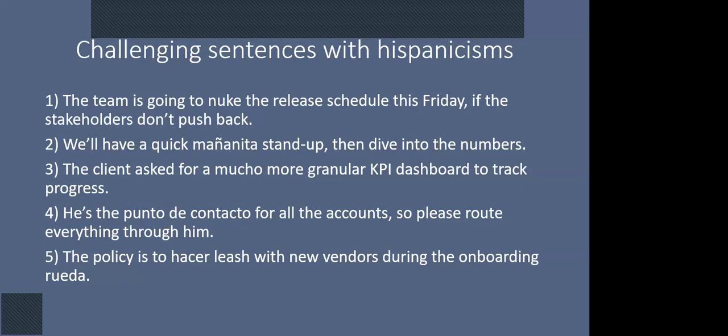Now I have some more challenging ones here that I'd like you to help me out with. This includes some Spanish ones. Remember that Hispanicisms, just like Anglicisms, are not only lexical, like terminology or word level.